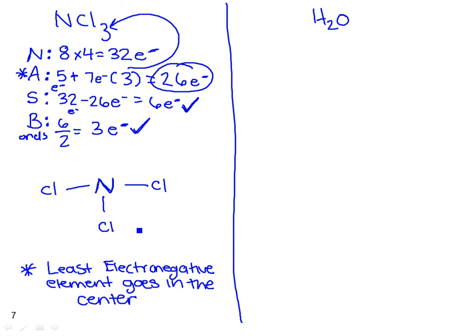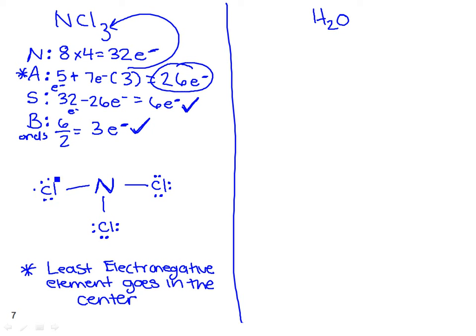Okay, we know that all of our atoms want to have 8 electrons around them, except for hydrogen, which just wants 2. So what we do is we fill in the electrons around our outer atoms first to give them 8.